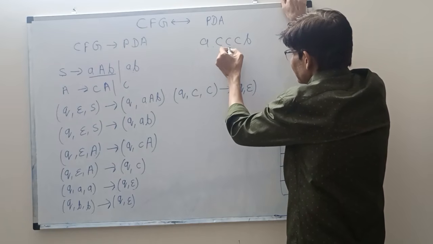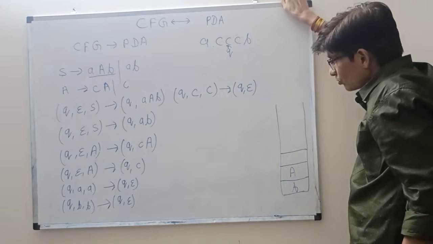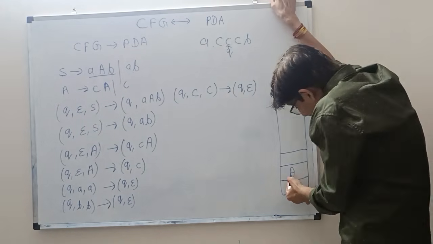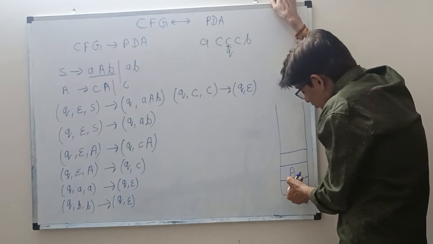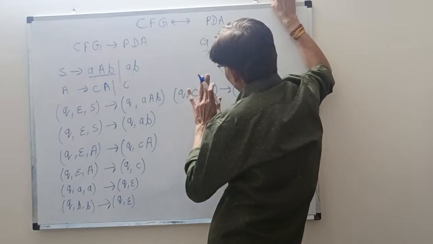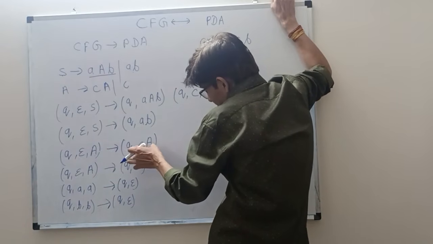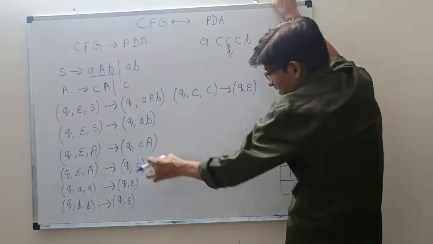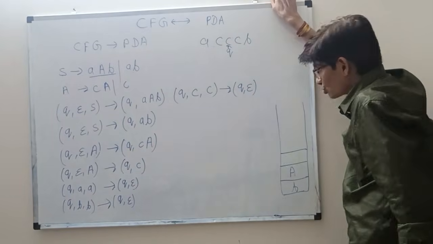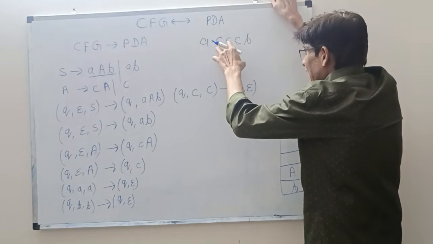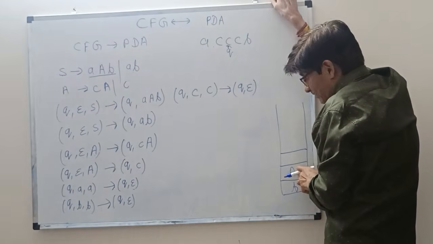So I am reading this c now. Again, I have A on stack top, so I will not consume any input. So again, I can use this transition. I'm reading epsilon, I'm in q, and stack top is capital A.